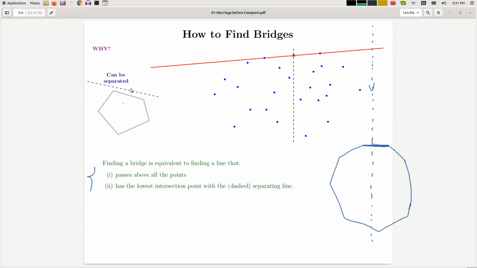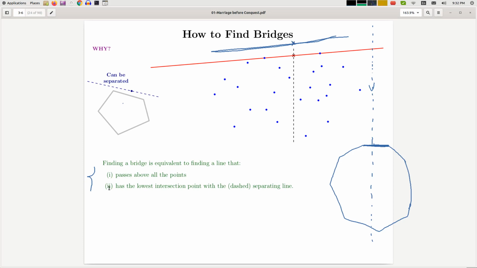Whereas if you have a point that is outside, let's say above the upper hull, you can find a line that goes through this point such that all the points are below. In other words, if you have a point and a line such that all the points are below this line, then this is a proof that this point is outside the convex hull.